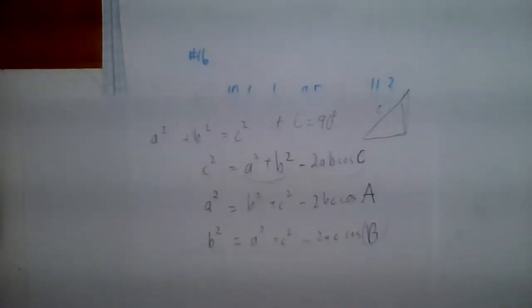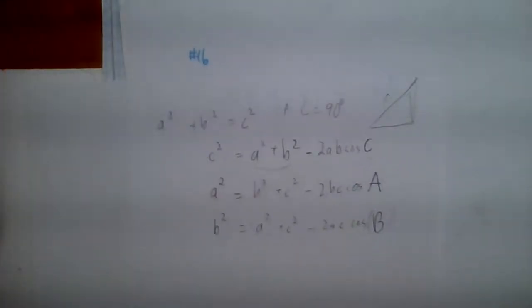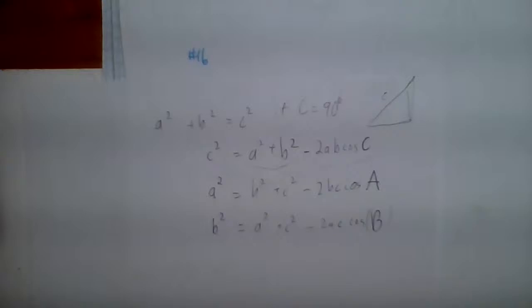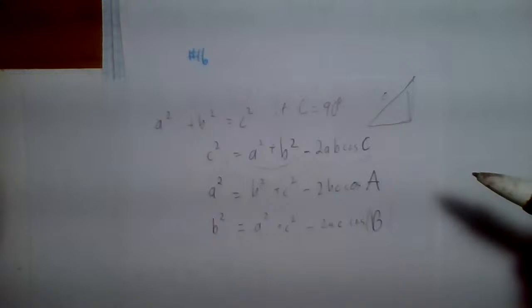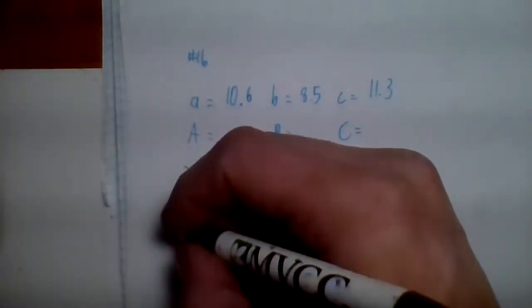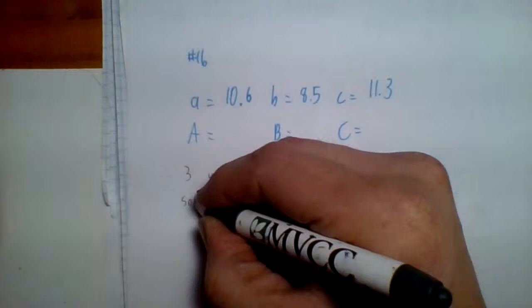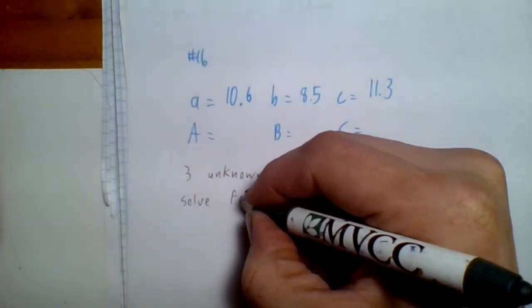I could actually do any of them, but I could do them all, but this is such heavy duty calculation that I want to do this the easiest way possible. And I don't want to have to worry about quadrant things. So I'm going to solve the largest angle first.